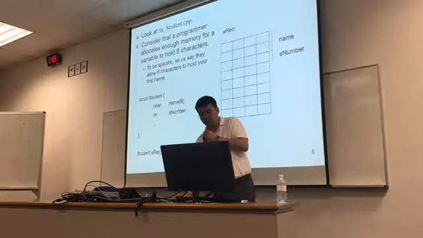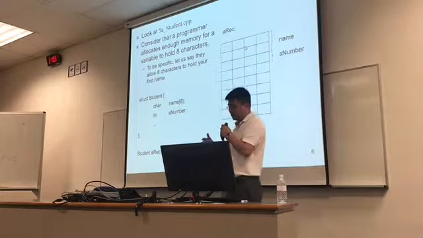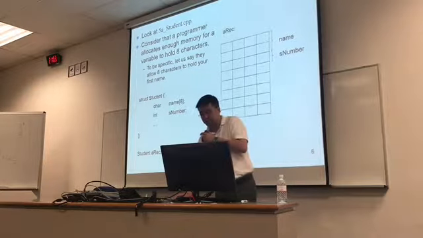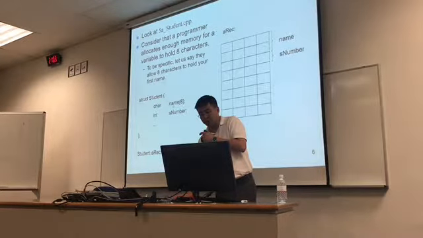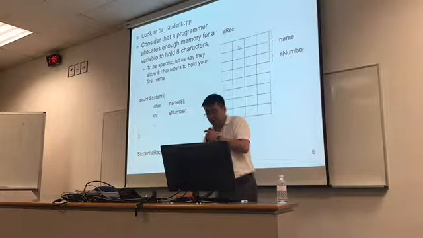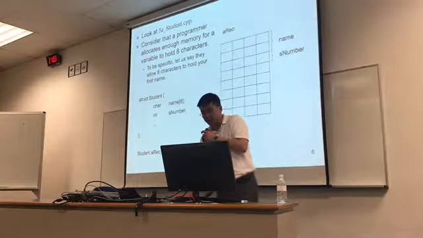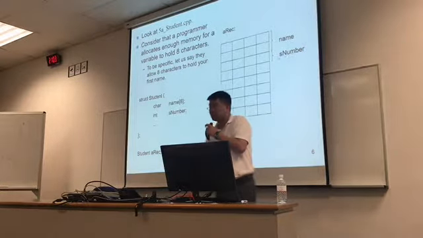The integer will have 4 bytes, and this character array will have 8 bytes. So when you run the program, the program will allocate the buffer for this structure. So it will allocate 12 bytes. So 4 bytes for this character array, and then 4 bytes for this integer.